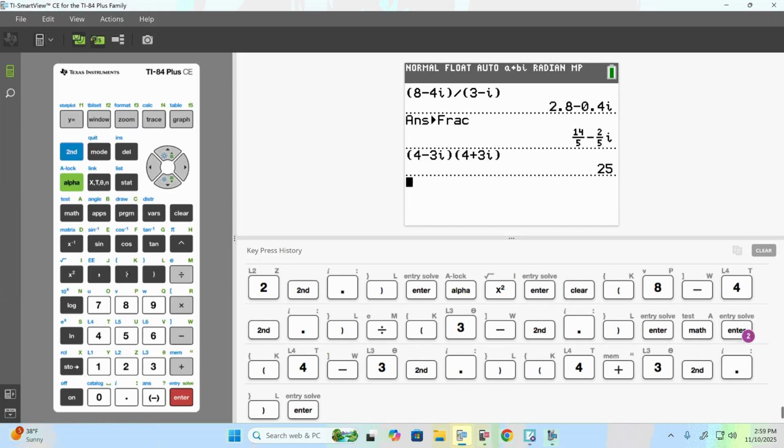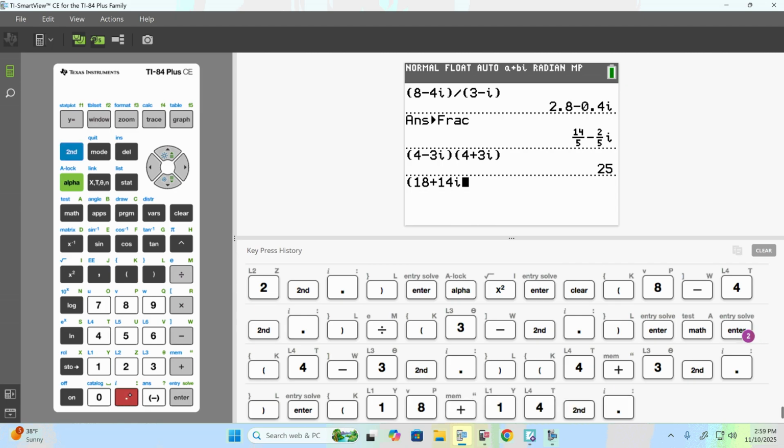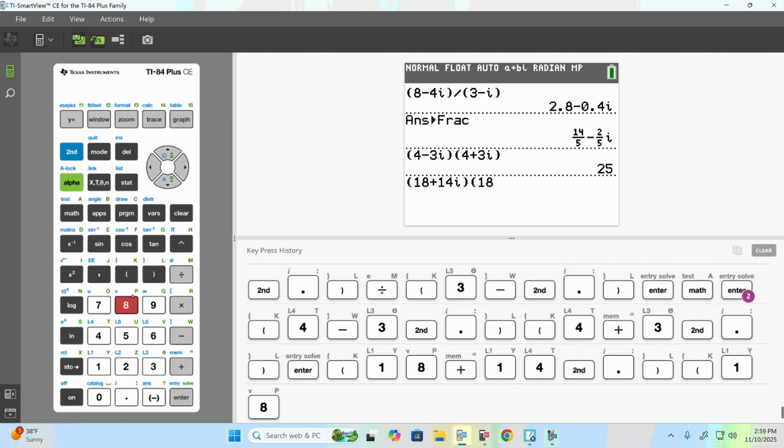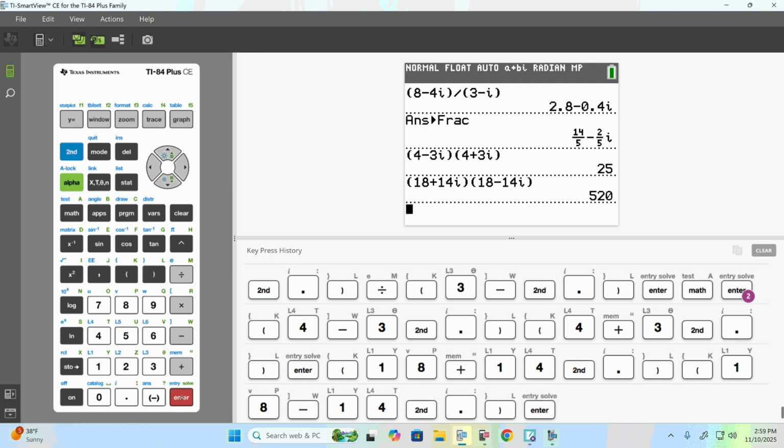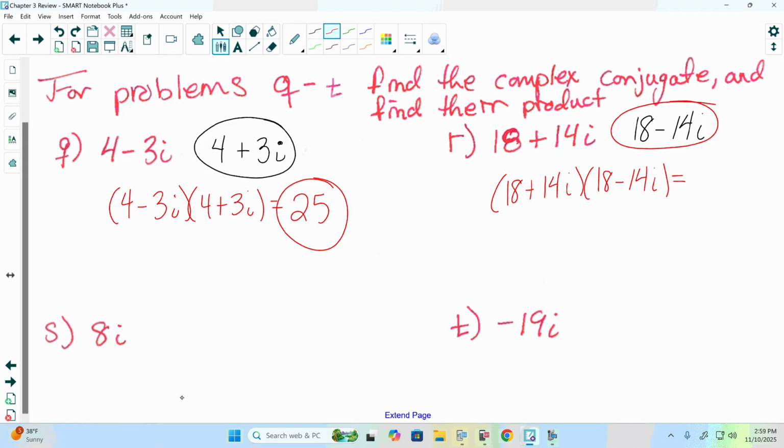Now we should expect to get a decently big number. 520. And that's it. Questions on this here?